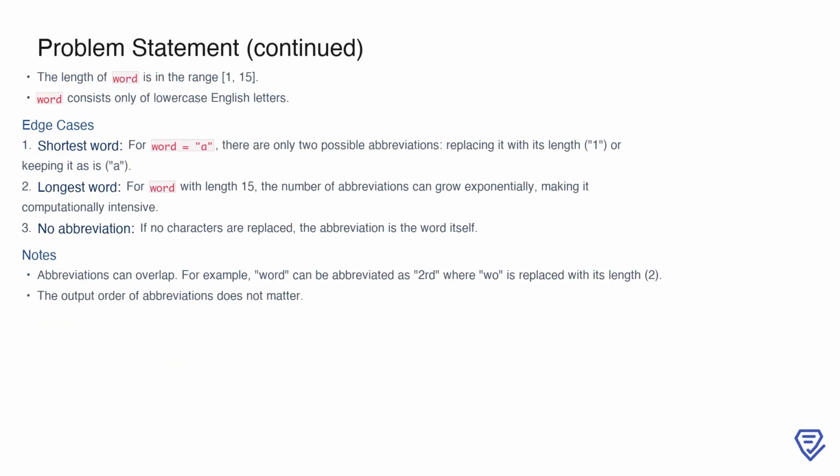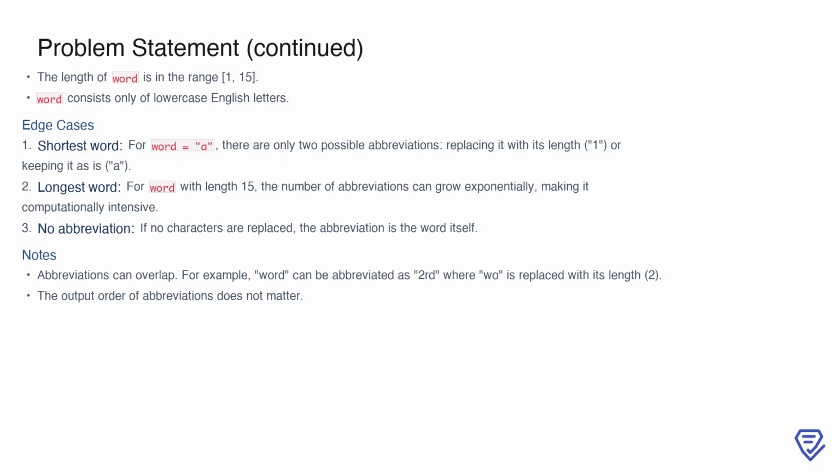The constraints of the problem specify that the length of the input word can range from 1 to 15, and the word will only contain lowercase English letters. There are a few edge cases to consider. For the shortest word, such as "a", there are only 2 possible abbreviations, as we just discussed. For the longest word of length 15, the number of possible abbreviations increases significantly, making it computationally challenging.